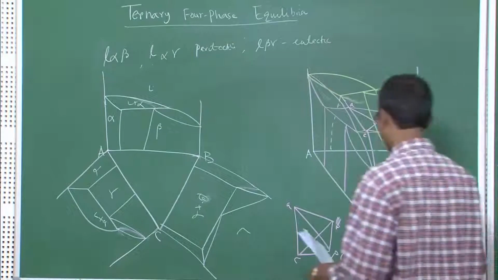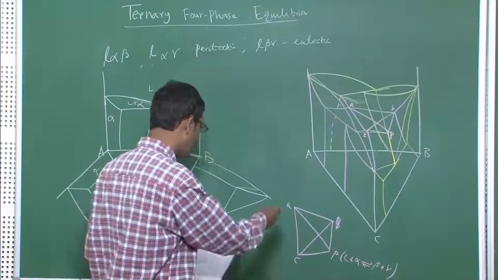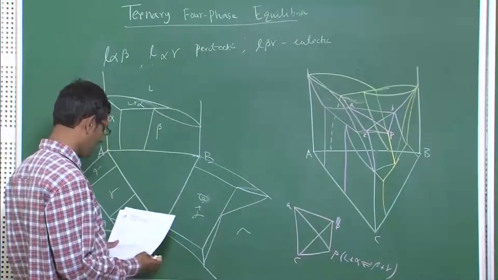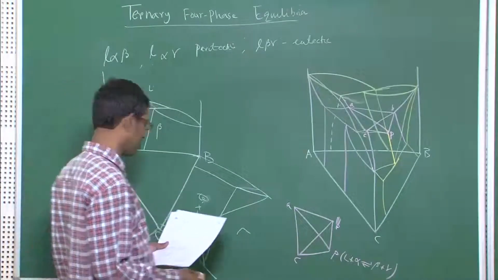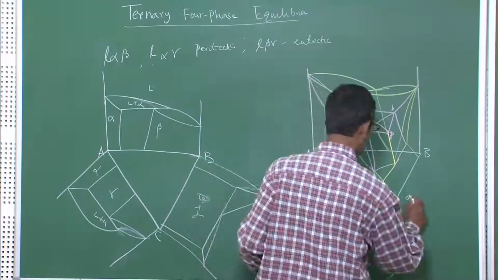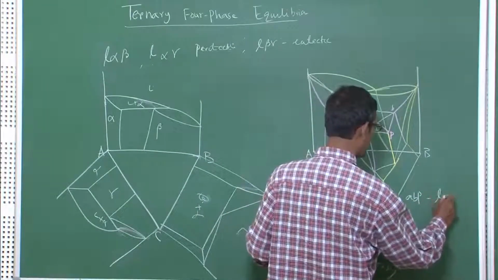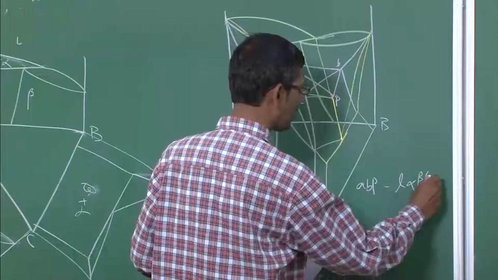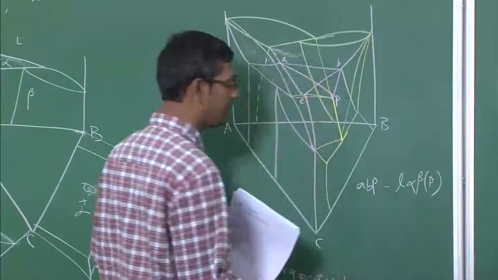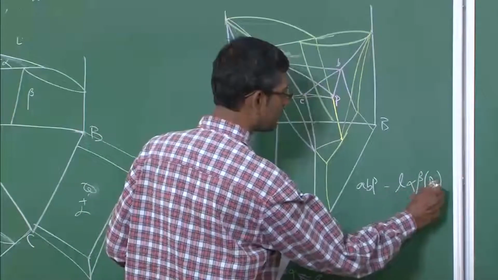Okay, before that let me just tell you. If you look properly, there are 4 triangles here, and these 4 triangles can be represented like this. A, B, P is basically liquid, alpha, beta, which is nothing but peritectic type.